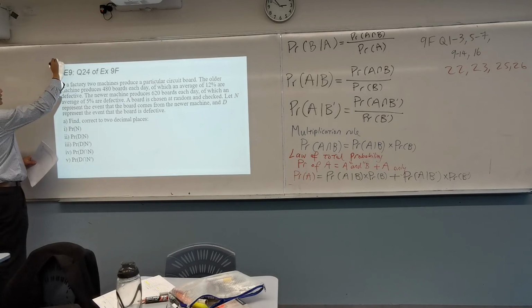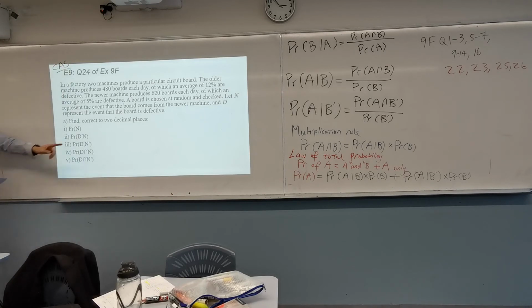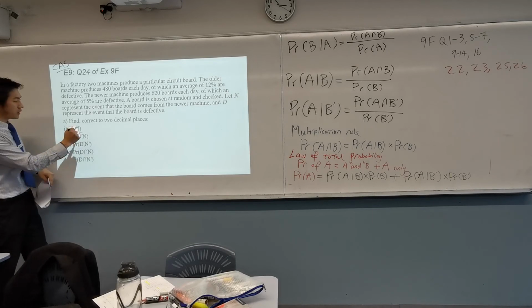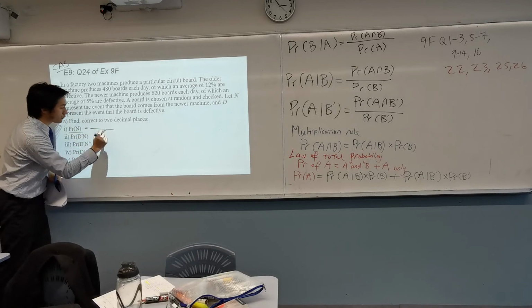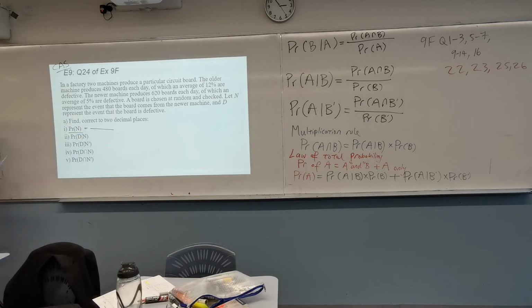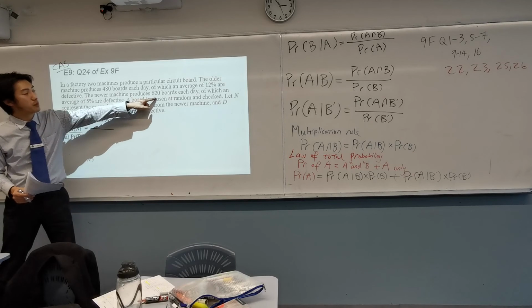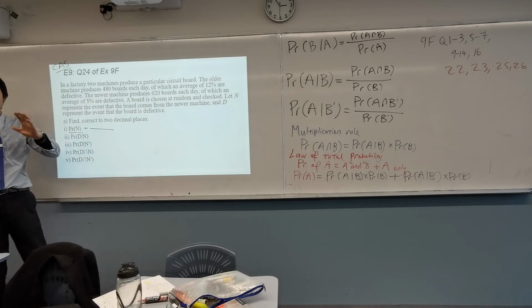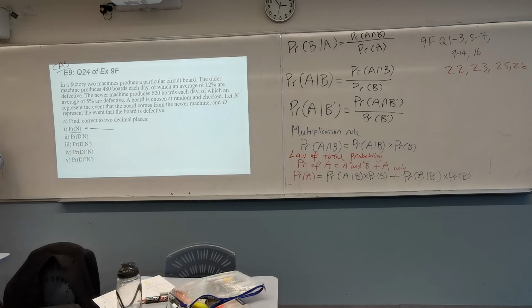By the way, this is CAS, because it's asking for 2 decimal places. P of N, the probability of selecting a board that is from the new machine. So the probability of selecting a board that's from the new machine is given by the fact that the new machine produces 620, the old machine produces 480, so we know how many boards there are in total.